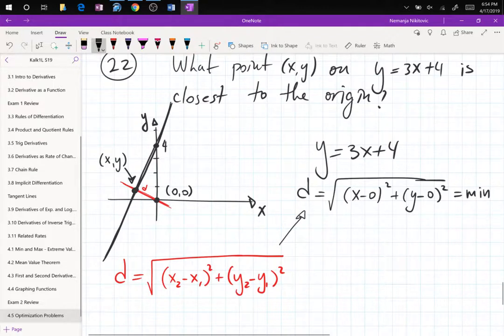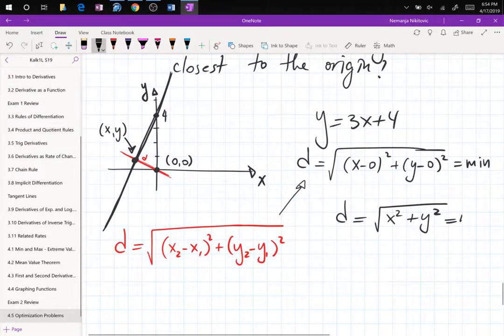So now I have that the distance is equal to the square root of x squared plus y squared, equals the minimum. Oh, I don't need the d. I need to plug in first.